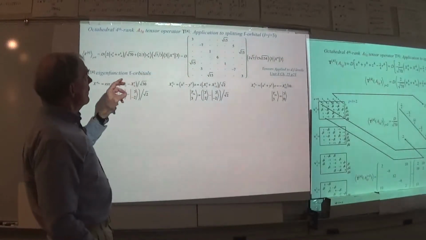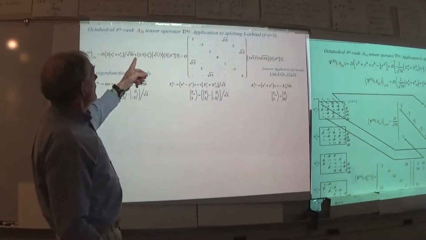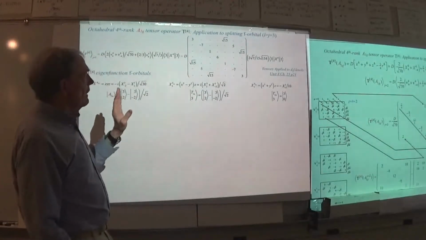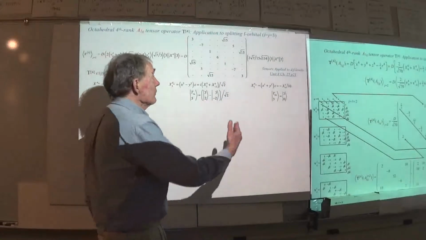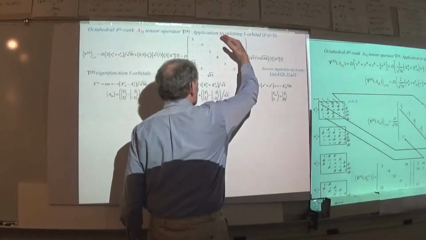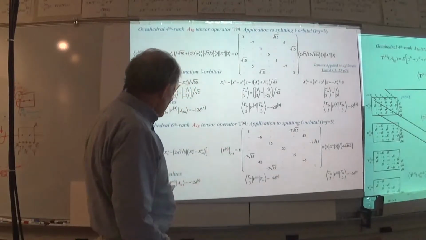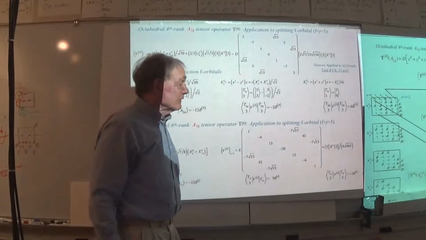And I see another thing. I'm sorry. This is the fourth rank octahedrally symmetric rank. And this is the matrix that it comes out here. And this is the number 4 for this one. And the eigenvalues that come from it are using the same vectors as this.